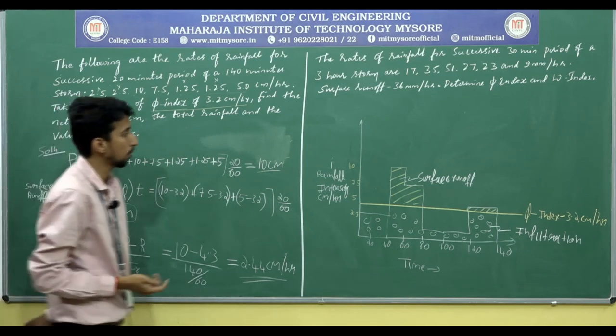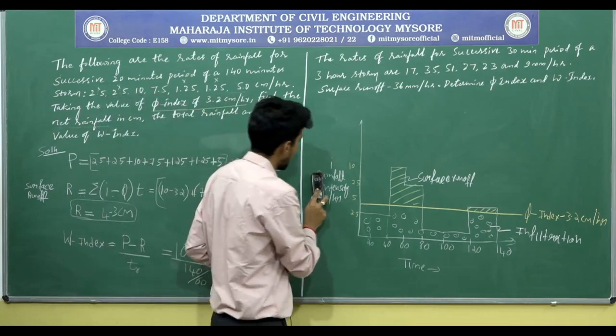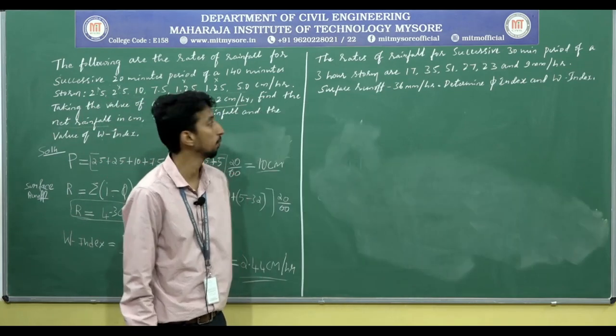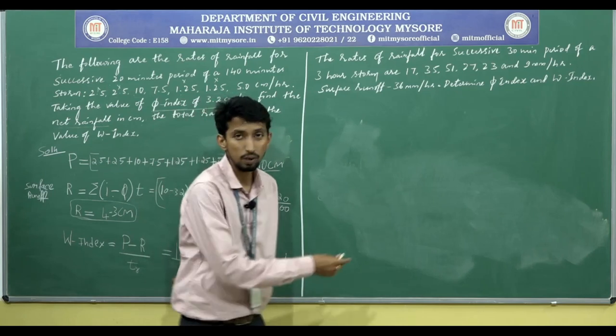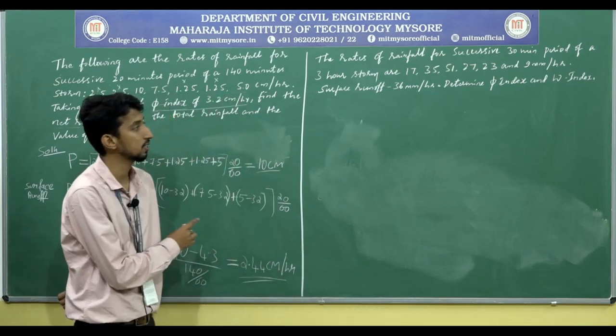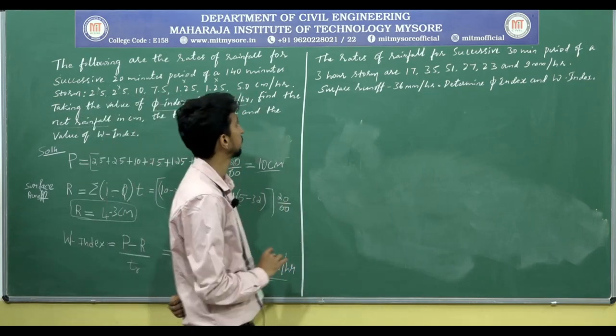The second type of problem is very similar to the previous problem. The one thing is here we need to find out the phi index.